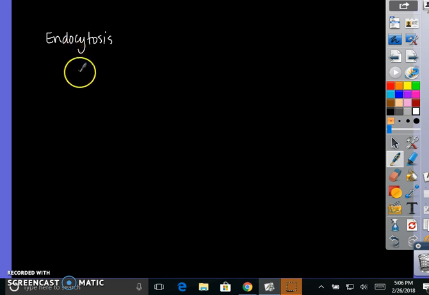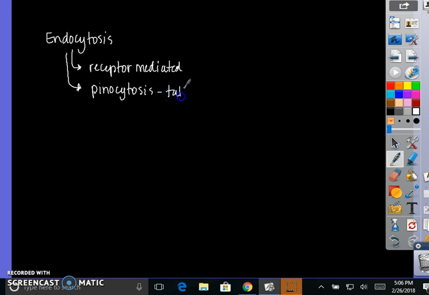So endocytosis, of course, is going to be receptor-mediated. We talked about that one, and you even saw a video on that one. Okay, so there's another one, and it's called pinocytosis, and this is taking in liquids.